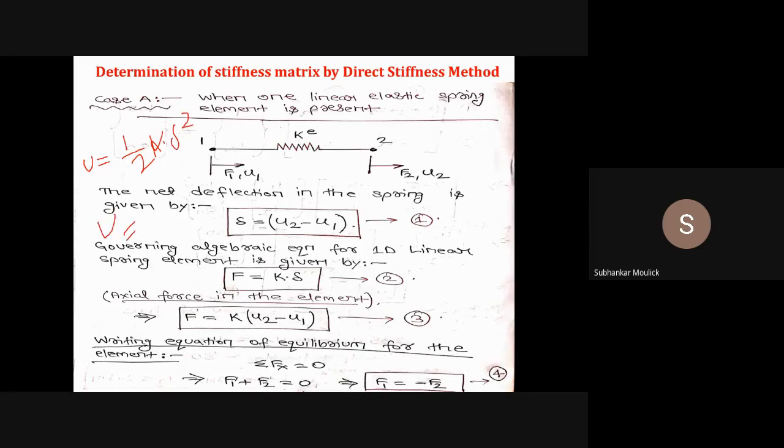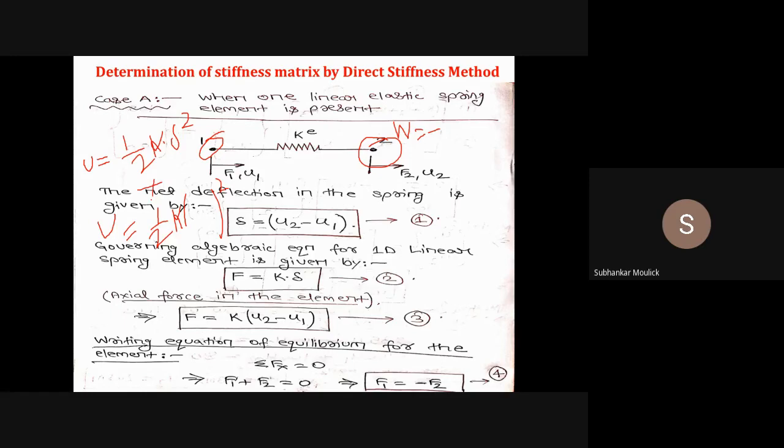So U is half k times (u2 minus u1) squared. Then you have to find W. W will be minus F1 u1 minus F2 u2, then add U with W.